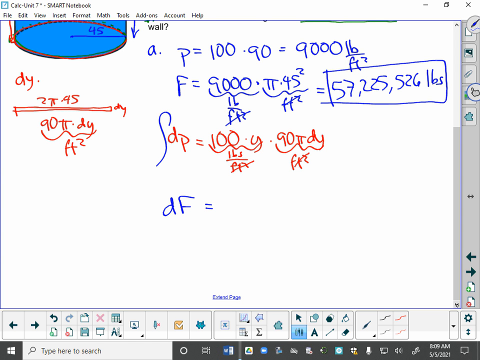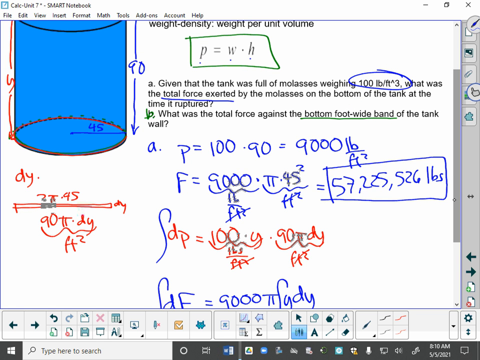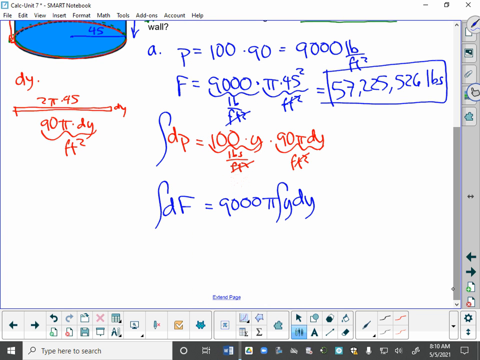And so we have 9,000 pi y dy, and we are going to do an antiderivative there. The way I defined my y, if the top of the tank was 0, then I'm going from 89 to 90 on that.